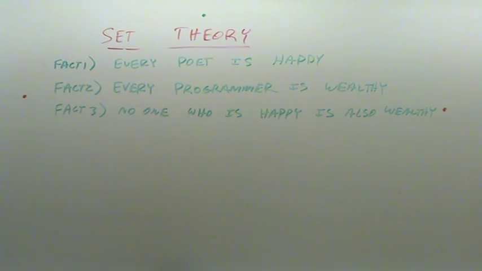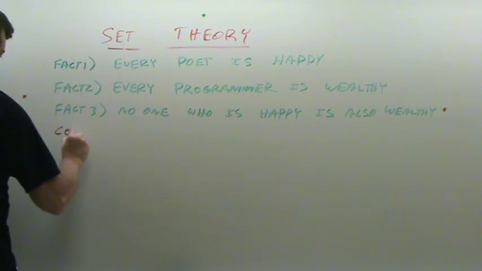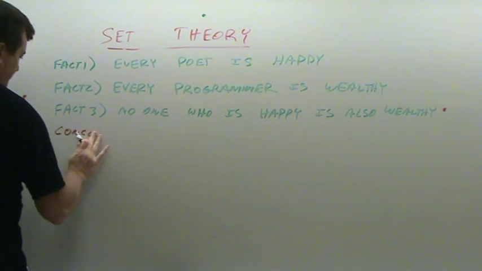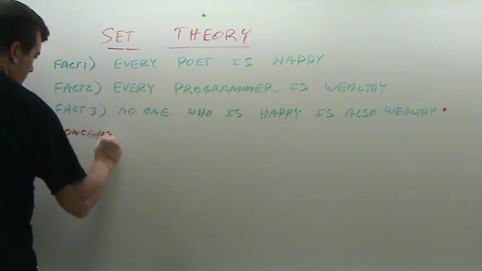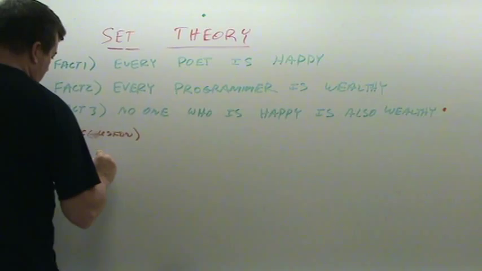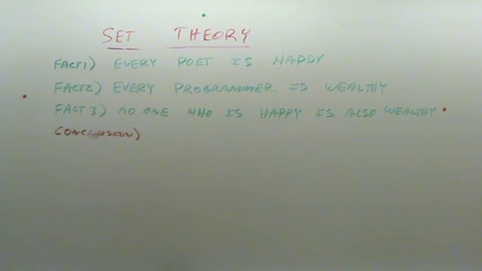So if these 3 statements are true, what do our sets look like? Or I guess the question is, are these legitimate conclusions? So let's try a first conclusion: no poet is wealthy.